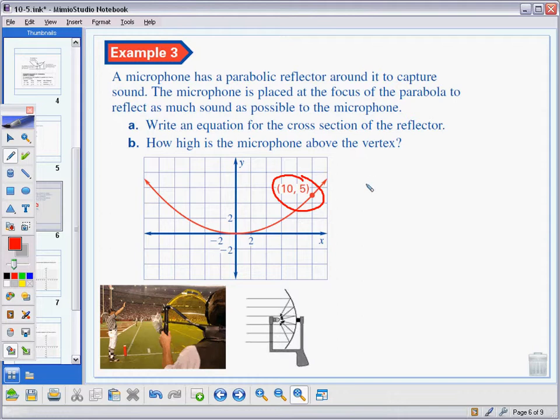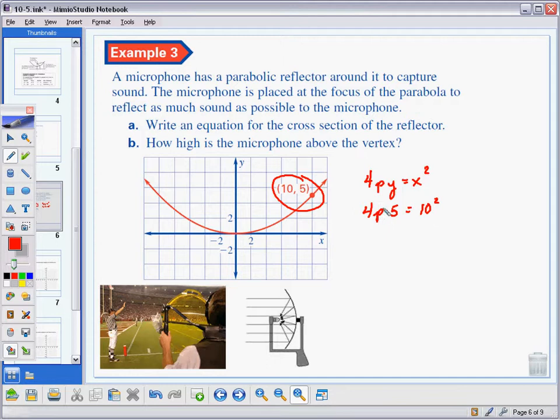So noting again that this is opening vertically, I'm going to use the equation 4py equals x squared. And I'm going to plug in this xy coordinate. So my y value is 5, my x is 10.